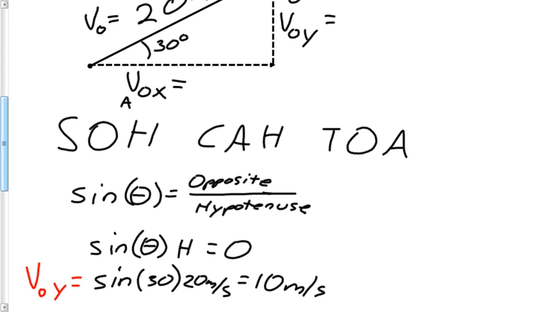And every single time that you want to find the velocity in the y direction, you use sine. That's every single time, at least with what we're going to be doing.